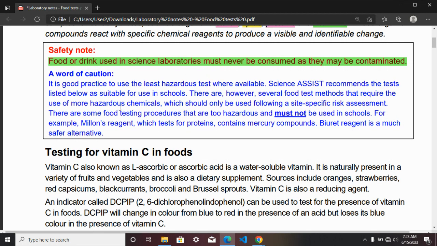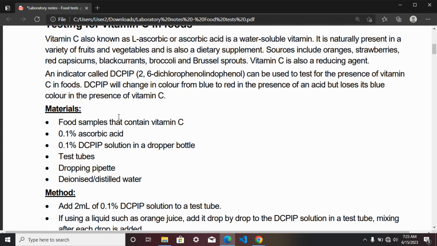So we have many ways to perform the food tests. All we have to do is to follow all the steps that we are given to perform the test, mix the reagents well, and wait for an observation. If you get an observation, you have to draw a conclusion saying that the kind of food that you are testing for, a vitamin, a lipid, a protein, or whatever, is present or is absent according to the observation that you'll be seeing.